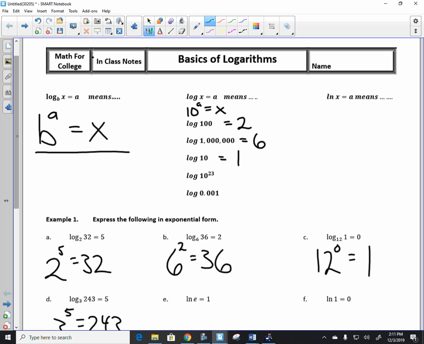This is where people start to kind of forget things, but 10 to what power is 10 to the 23rd? So what goes in place of the question mark? 23. So it's just 10 to the 23rd is 10 to the 23rd.